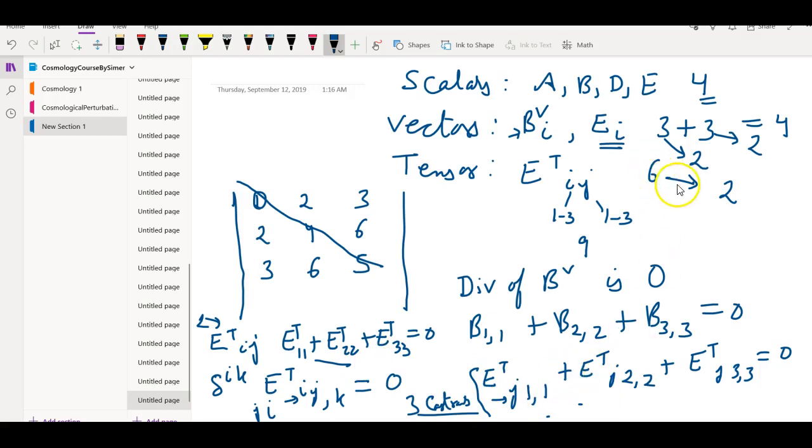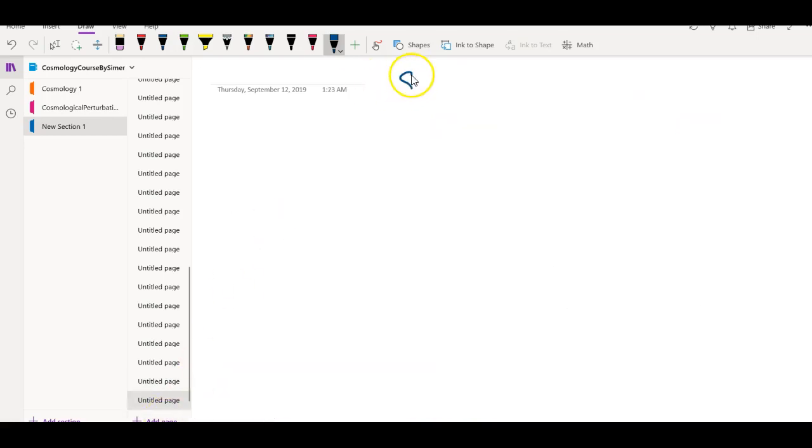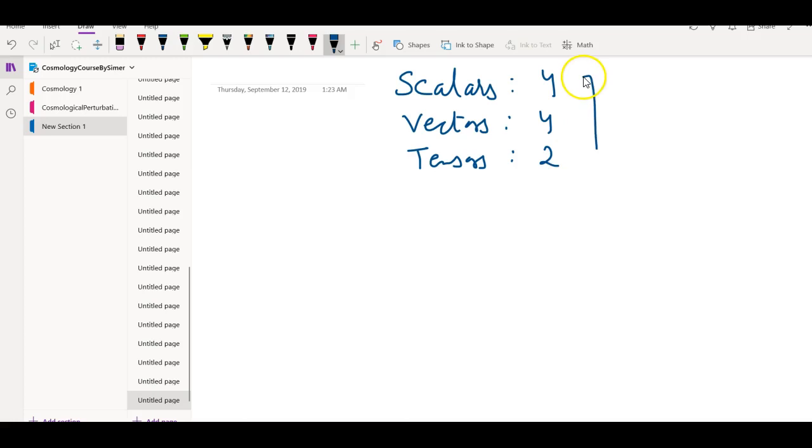When from this 6 I subtract 4, I will get 2 degrees of freedom. So how many independent components are there? After applying all the constraints, I have 4 scalars, 4 vectors, and 2 independent tensors, 10 independent components.